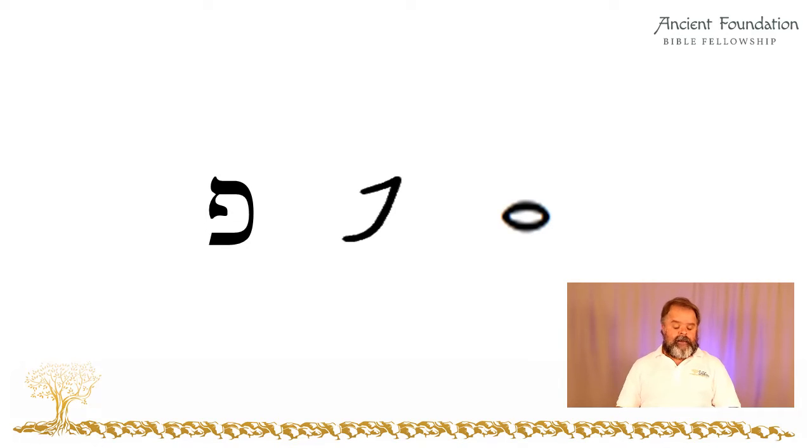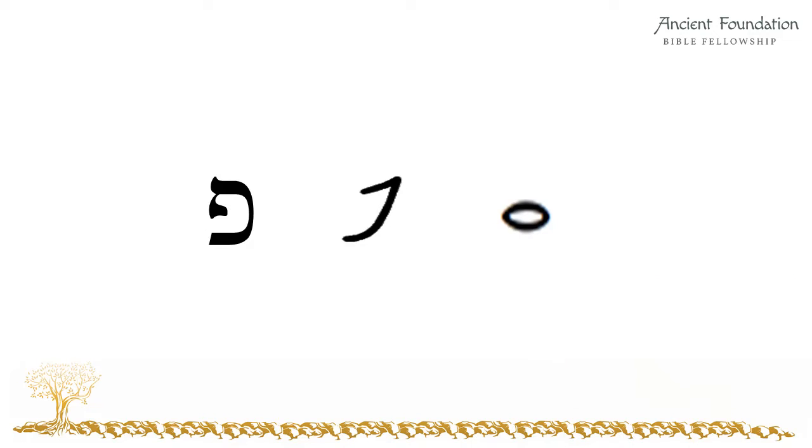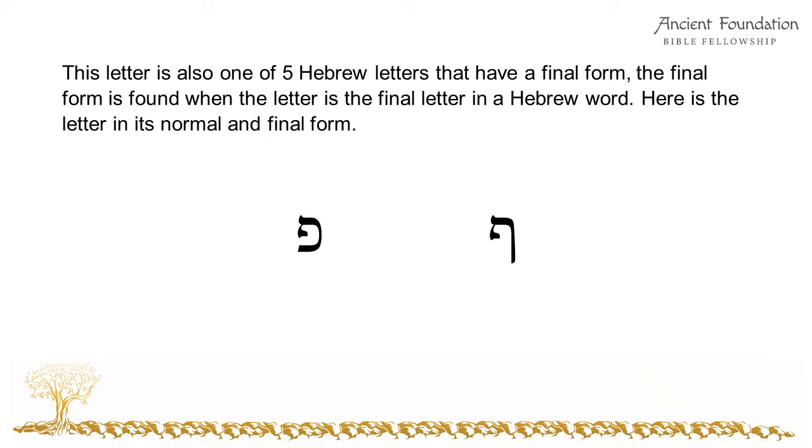So we can now see how this letter has changed over time and has ended up in the modern square script, going from a stick figure of an opening or the mouth to a border, which carries through to the square script, which looks a bit like a bay, the bay of an ocean if you like. This letter is also one of 5 Hebrew letters that have a final form.